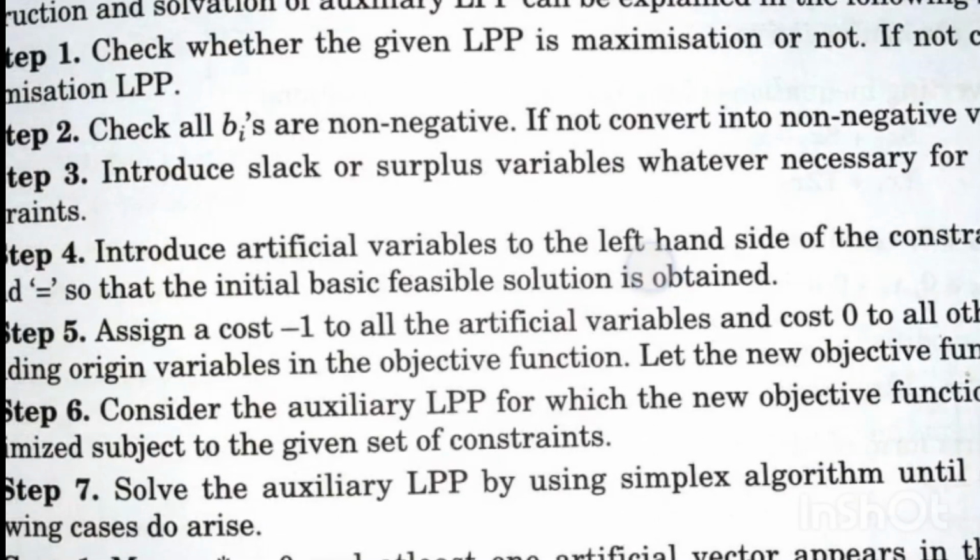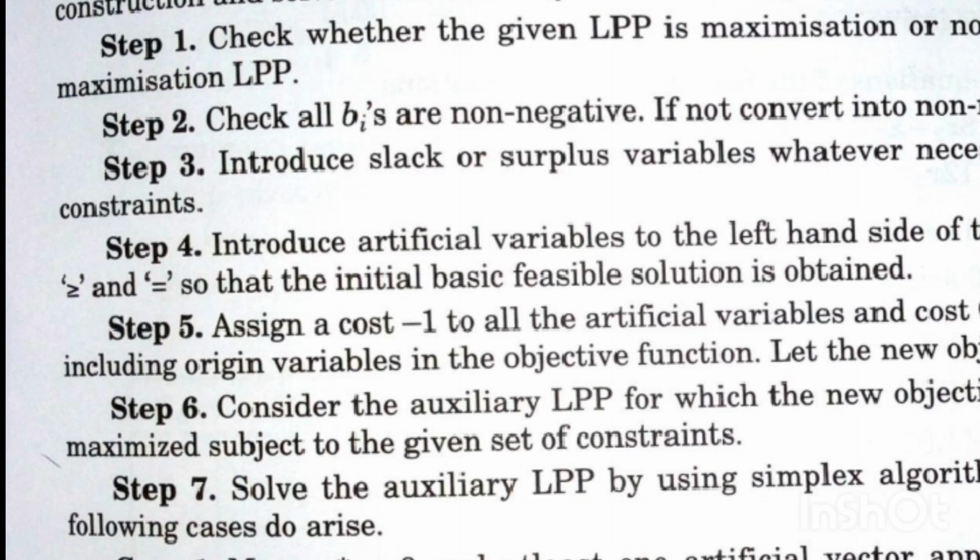This is the two-phase simplex procedure which we already discussed. What they are going to say is, first of all, convert the given LPP into standard form, and to apply the simplex procedure we should convert all the subject constraints into equals to form by applying slack variables and surplus variables, if any, equating to 0.